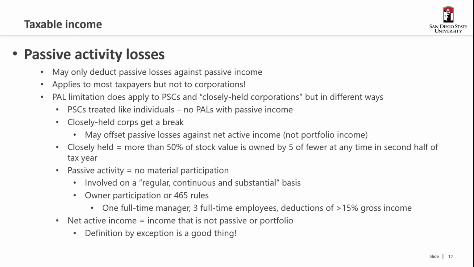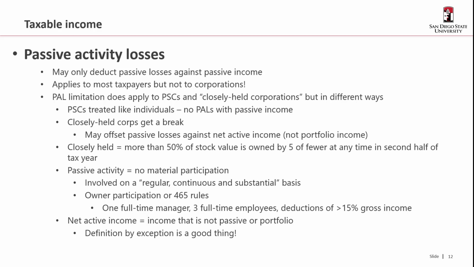Recall that passive activity means there's no material participation. That would mean that there's no involvement on a regular, continuous, and substantial basis. So, owner participation, or what's called the 465 rules, we're not going to dig in on too much. One full time manager, 3 full time employees, deductions of greater than 50% of gross income. We're not going to worry about that too much. The net active income equals income that is not passive or portfolio.